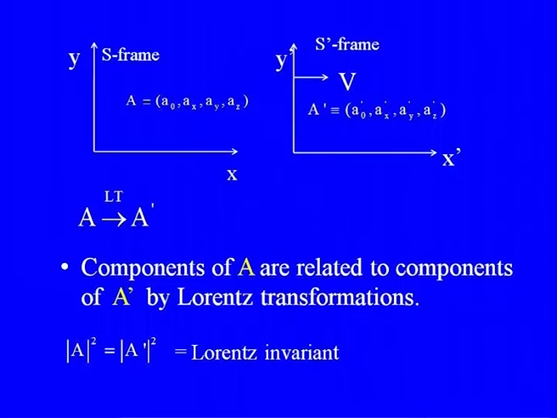First of all, the components of A and the components of A prime should be related by the Lorentz transformation, okay. And not only that, the squared norm of A and A prime should be equal, and it is actually Lorentz invariant, okay, fine.